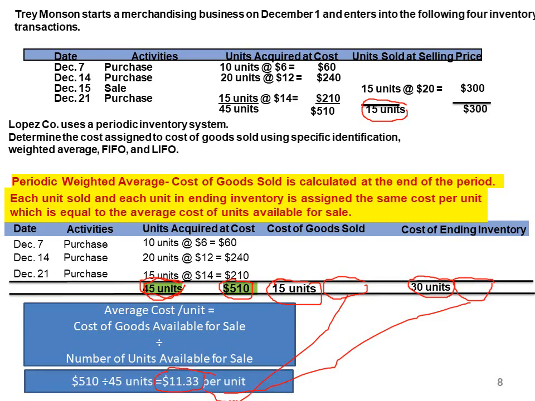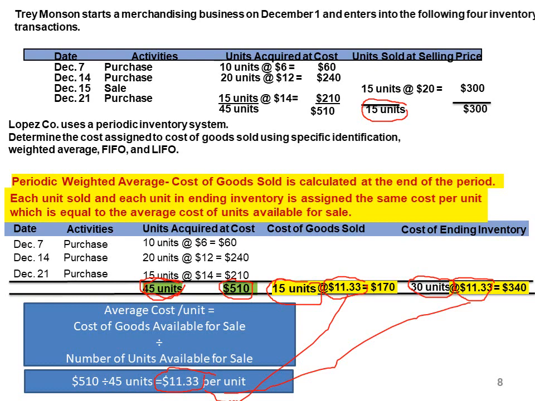In the last row, after we included all the purchase transactions that took place, we will have 45 units available for sale. Their cost is $510. So these two numbers, we are going to use them to calculate the average cost per unit. So we are going to divide 510 by 45 units. We are going to get 11.33 dollars per unit. This is the average cost per unit.